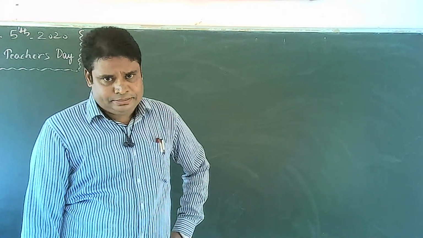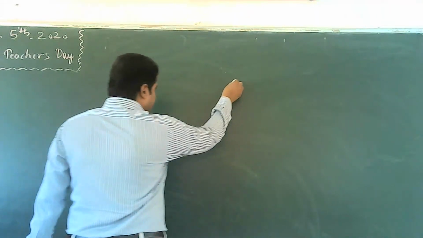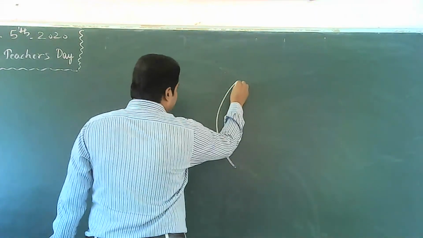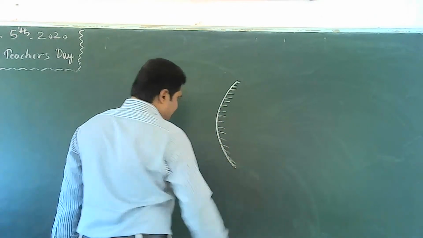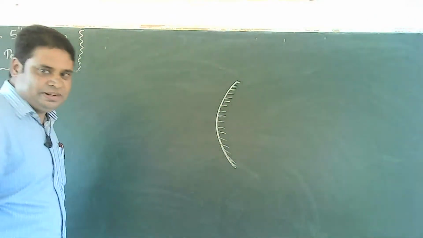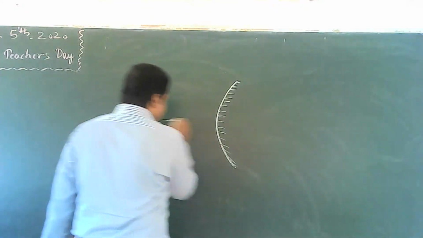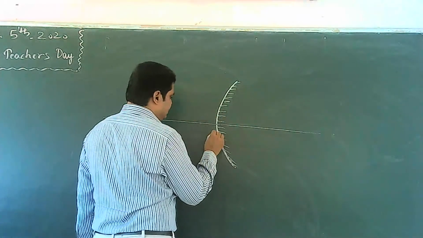What happens with a convex mirror? Let me draw a convex mirror. This is a convex mirror, correct? After a long time, we know this convex mirror. Okay. Principal axis.